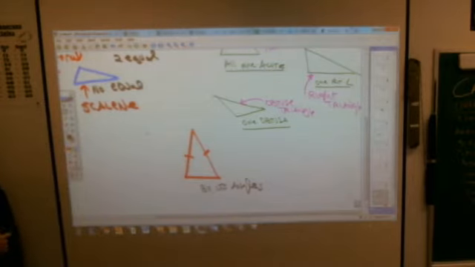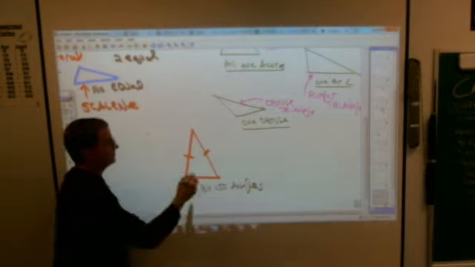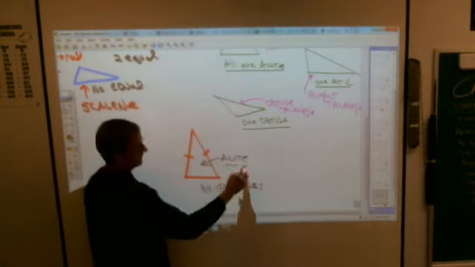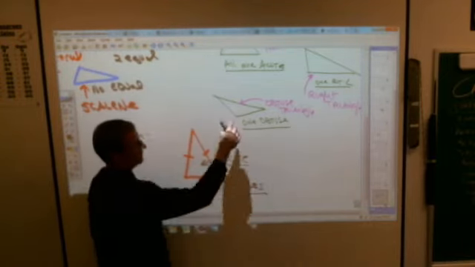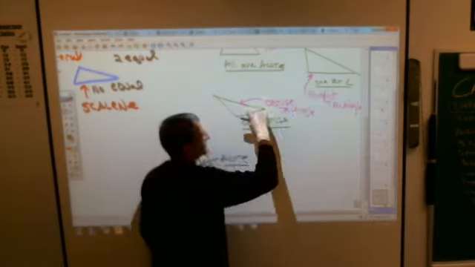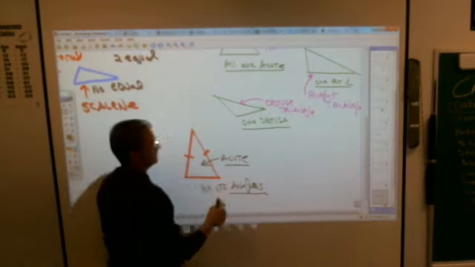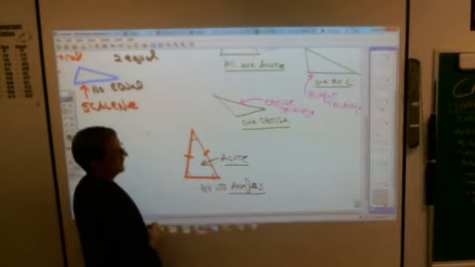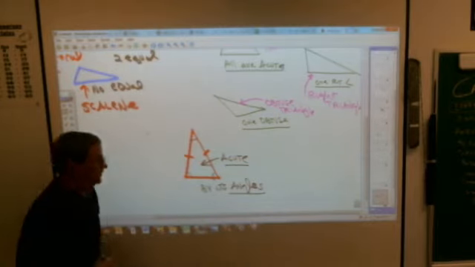Evan. Acute triangle? It is acute. Because I said to classify it by its angles. These are your only choices with its angles. And it's all acute angles. They're all less than 90 degrees, so it's an acute triangle.